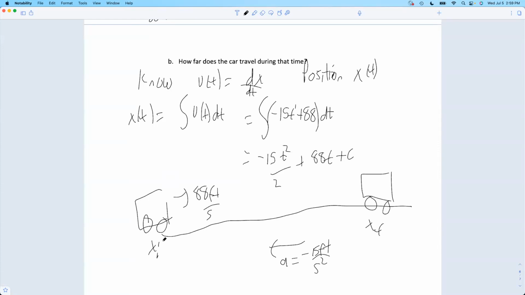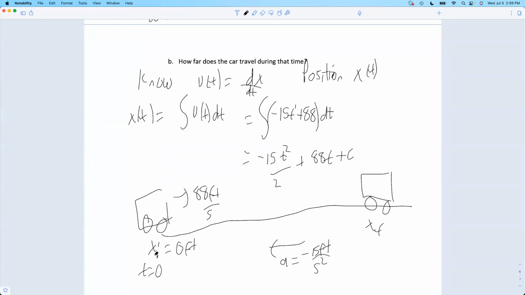I can call my initial position whatever I want. I could say my initial position was 1,000 feet. And then if this is 1,020, then the change in position, the distance, would be 20. Or for simplicity, since this happens at t equals 0, I might as well call my initial position 0. That's when I started my clock.